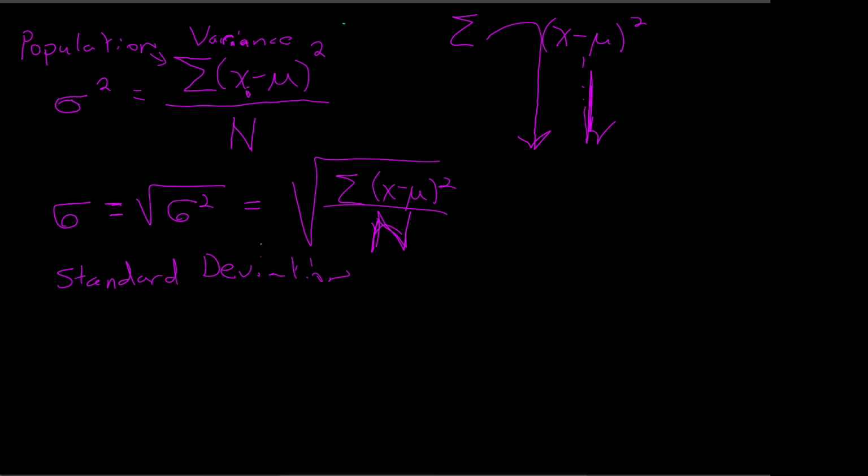And this is a way of measuring how much each piece of data deviates from the mean. Now, what's nice about this is, whatever my variable of interest is, let's say it's feet, this would be feet minus feet, feet squared, and the square root of feet squared is feet. And so standard deviations have the same units as the variable we measured.